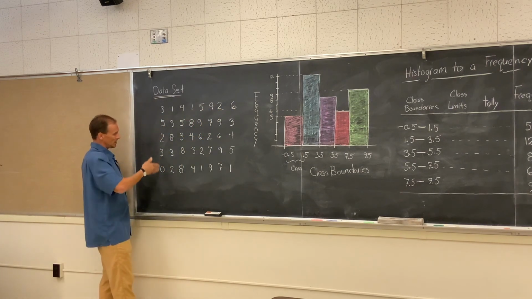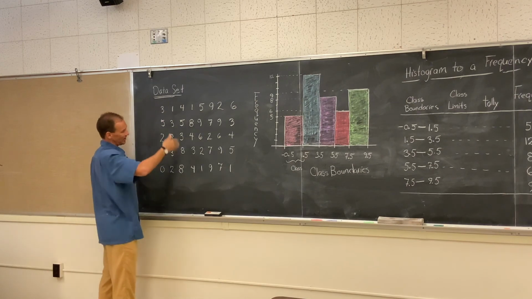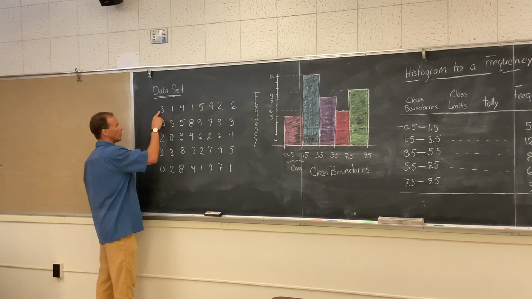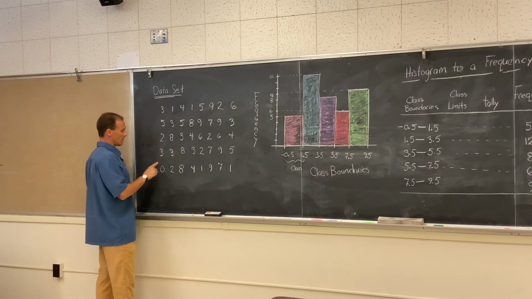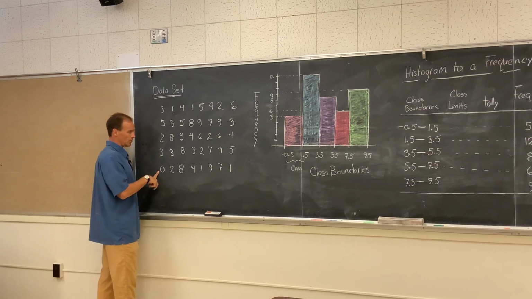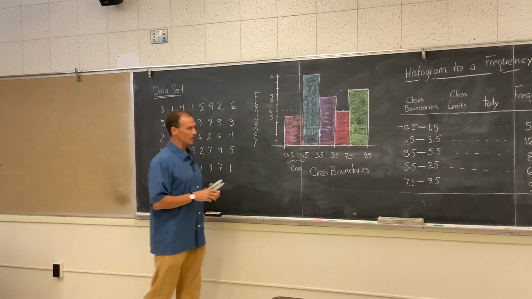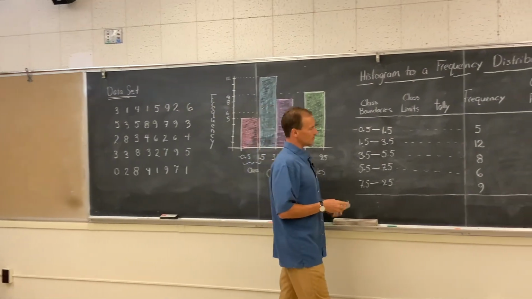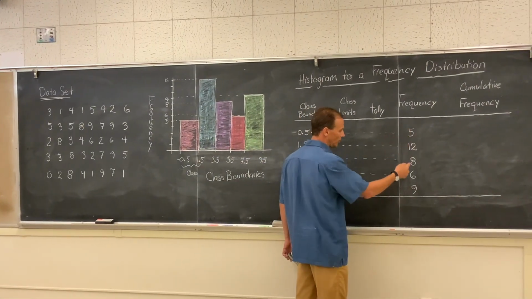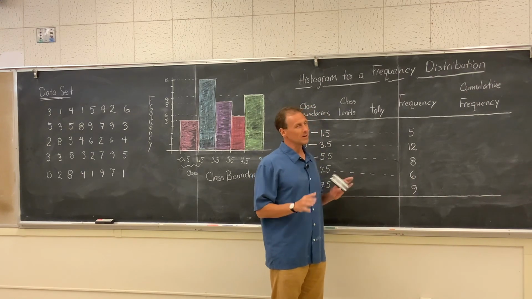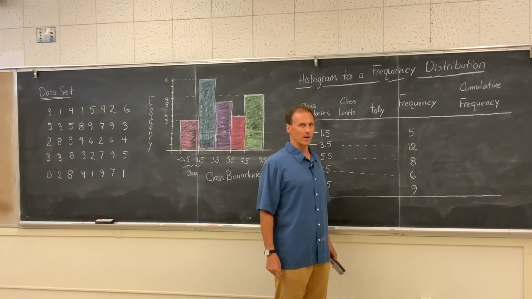And every column is nicely aligned. So every row also has 8. And there's 1, 2, 3, 4, 5 rows. So 5 times 8, we have 40 data values. So in other words, when we come back to our frequency distribution, our frequency here should also total 40. If it doesn't, we know we have made a miscount somewhere, and so then we can correct.